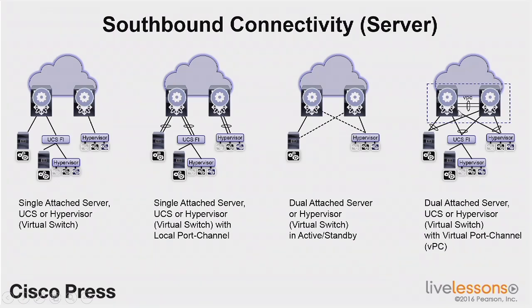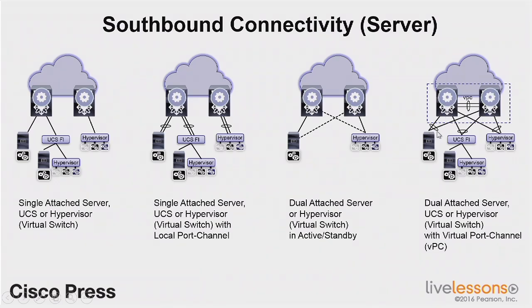Now I can look at the fourth use case to say, hey, I want to dual attach everything and provide high availability for my UCS Fabric Interconnect, my physical servers, my bare metal workloads, as well as my hypervisors with vSwitches and applications that are running within each virtual machine. Here I'm leveraging virtual port channels at the leaf layer.